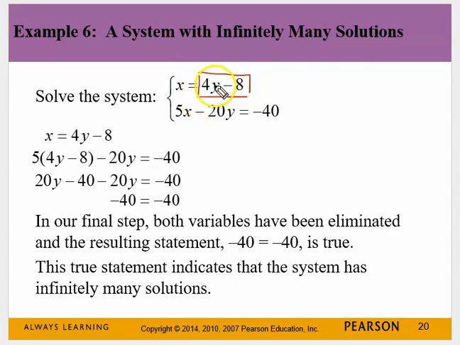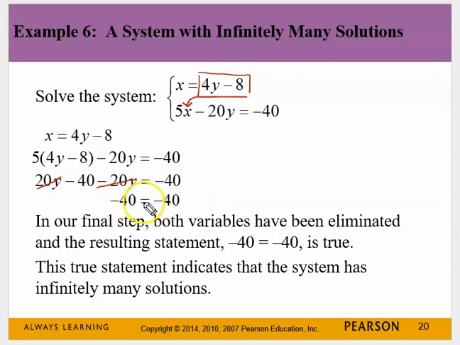If I take that and put this value for x in the other equation, which is what they're doing right here, and then distributing, getting rid of the parentheses, combining like terms, we notice that the y's cancel out. And all we're left with now is a -40 equals a -40.